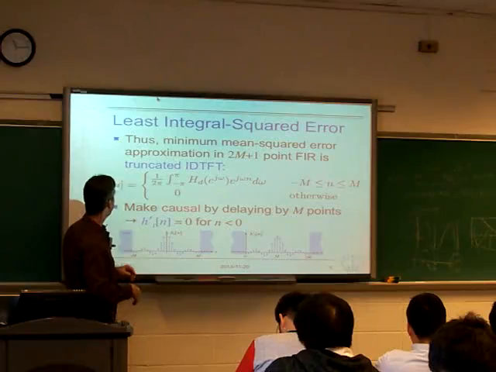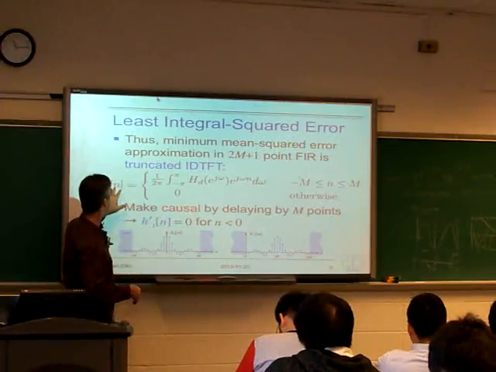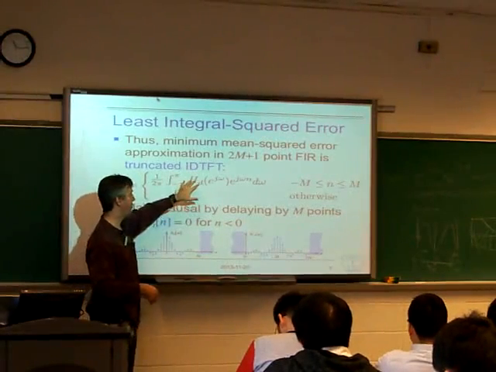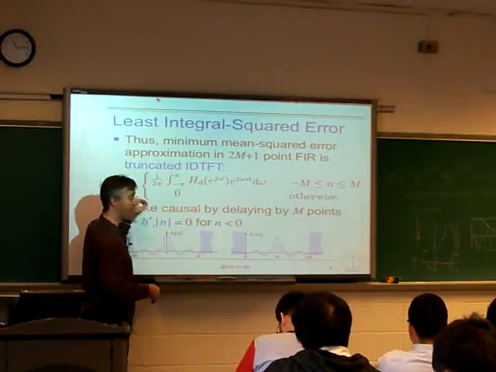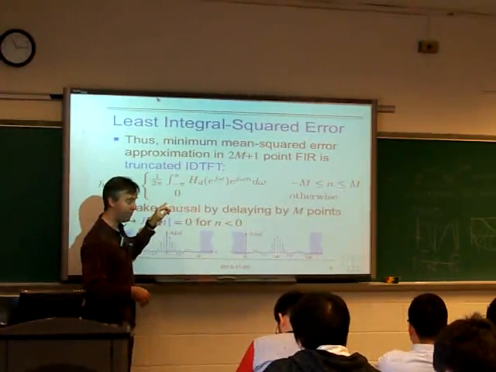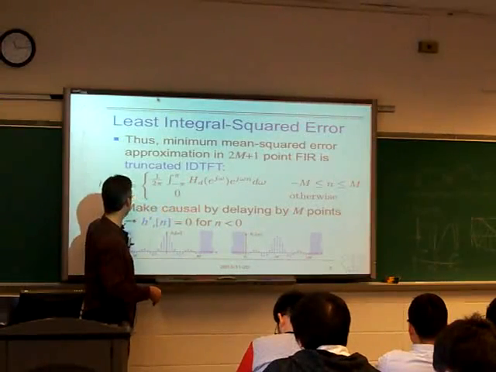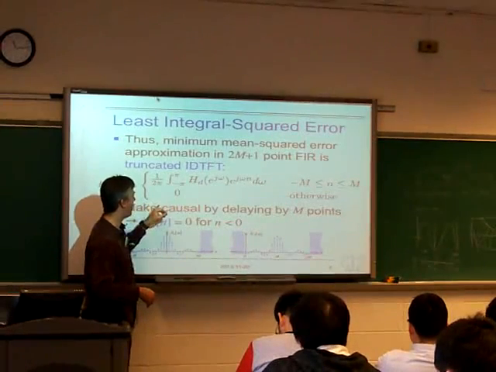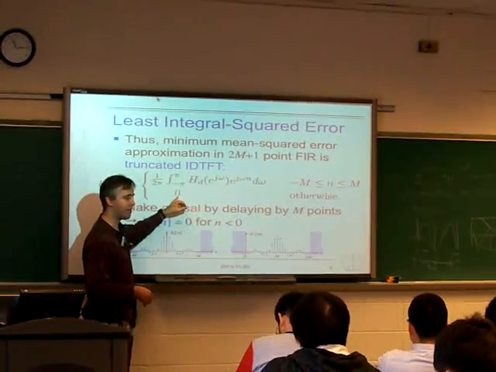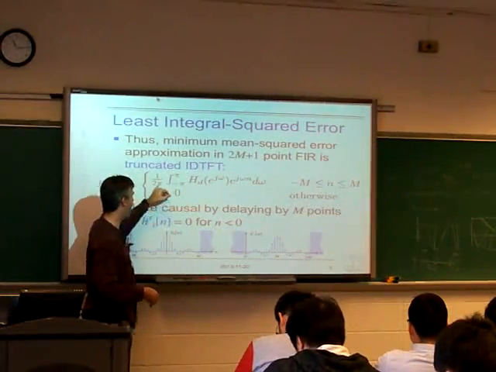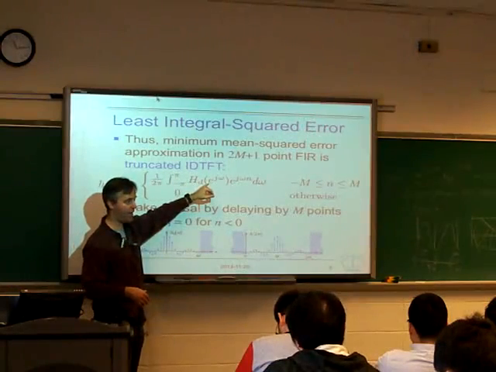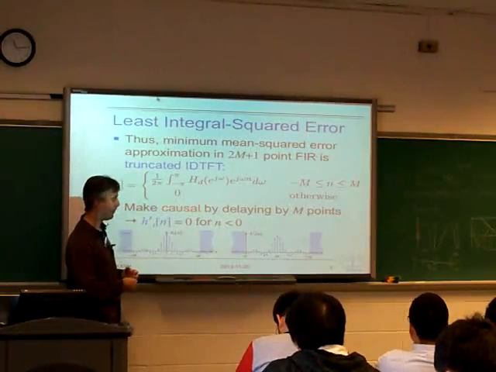And we just set ht of n equal to those values for the ranges of n where we're allowing ht of n to be non-zero, and ht of n has to be 0 elsewhere. We just take the values of the inverse DTFT of the desired frequency response, and we keep those.